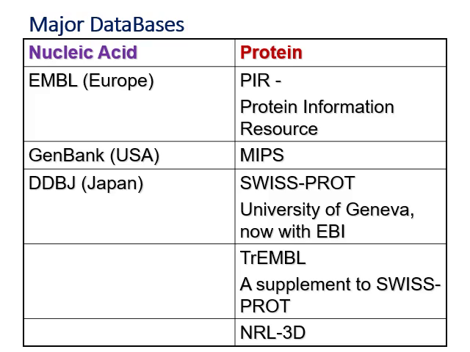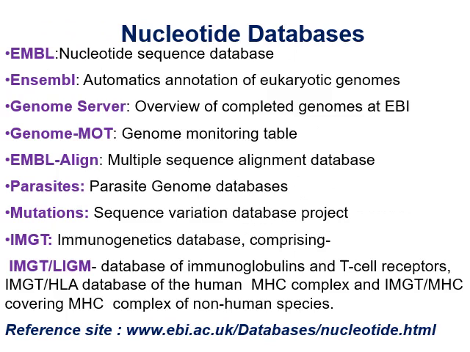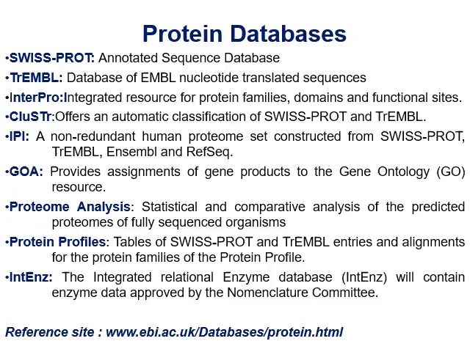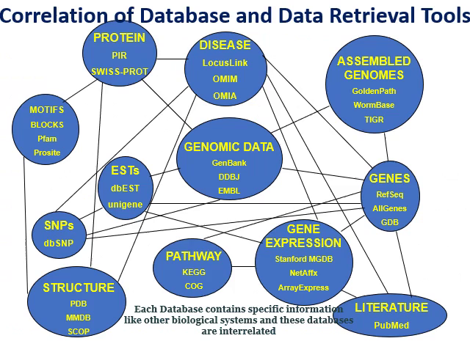For protein, it is PIR, Protein Information Resource, MIPS, SwissProt, TrEMBL, NRL-3D, and the latest and most important one, UniProtKB. Then there are nucleotide databases like EMBL, Ensembl, Genome Server, EMBL Align, IMGT, etc. These are protein databases like SwissProt, TrEMBL, GOA, protein profiles, etc.